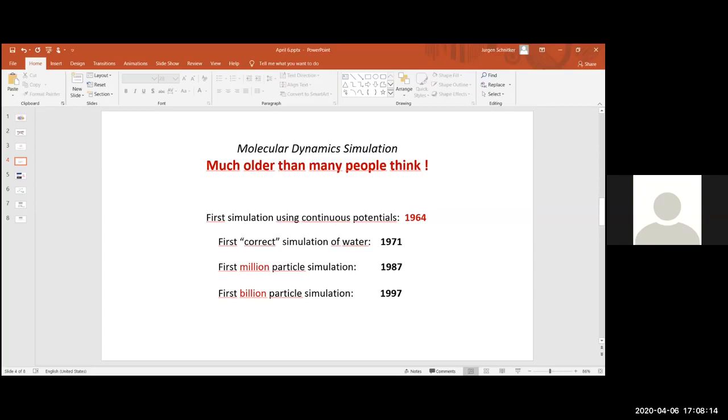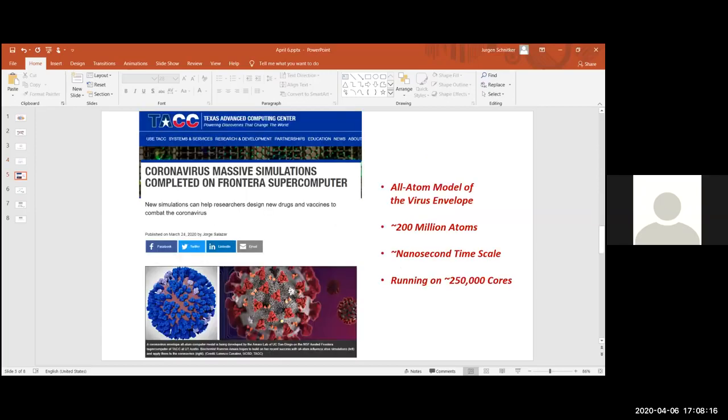Along those lines, given what we are currently dealing with, here is the absolute frontier, the coronavirus simulation, which was just carried out March 12th and 13th for 2 days of supercomputer time on one of the two supercomputers in Austin, at the University of Texas in Austin.